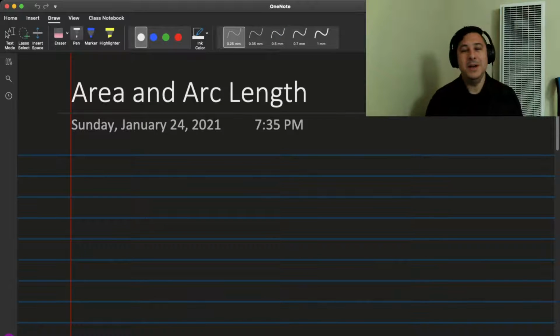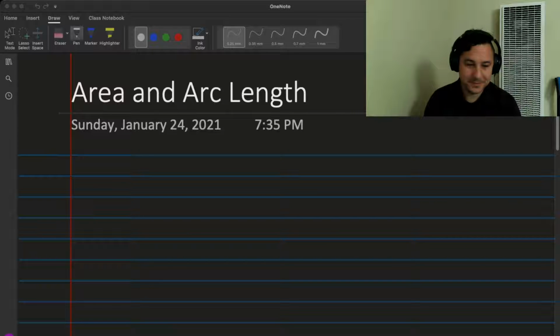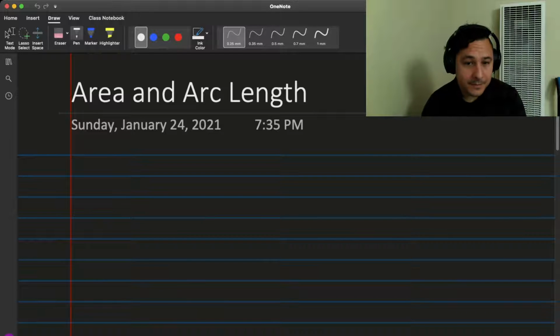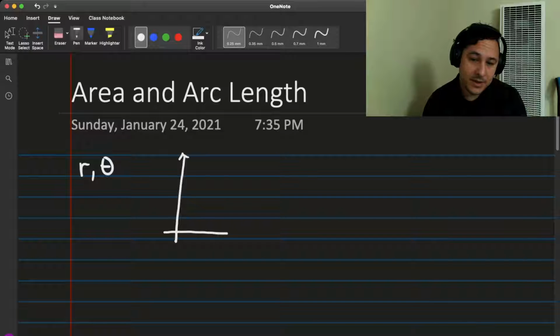So we learned that, what were the two variables that you use in polar coordinates? Let's see if people remember. What are they called? Thank you. So we've got r, we've got theta, and the way you should think about it is, let's say that we're drawing this on rectangular coordinates.